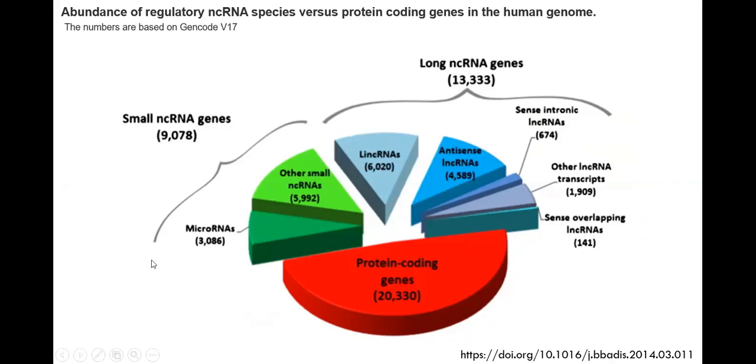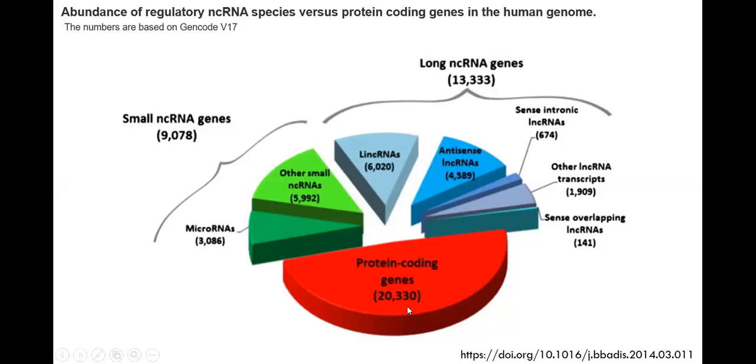This chart represents, this was around 2004, the article was published. You can access the article here with the DOI number. So when they analyzed the human genome, after the Human Genome Project completed and sequences are available, they analyzed it for specific molecules of RNAs, and they were able to see that in the whole genome, protein coding genes are close to 20,000 to 330.